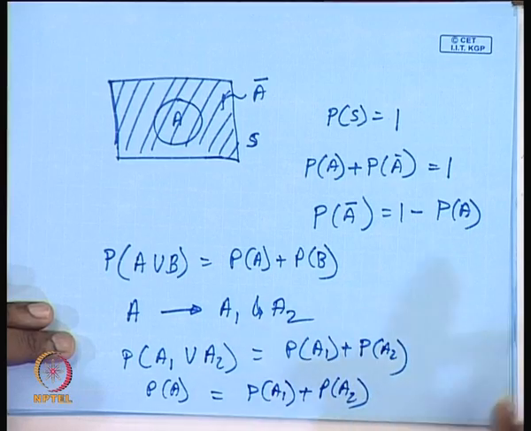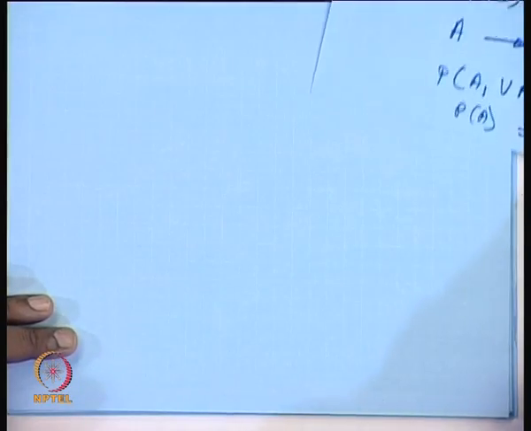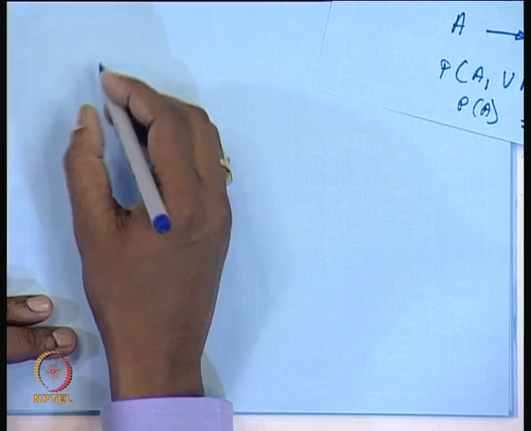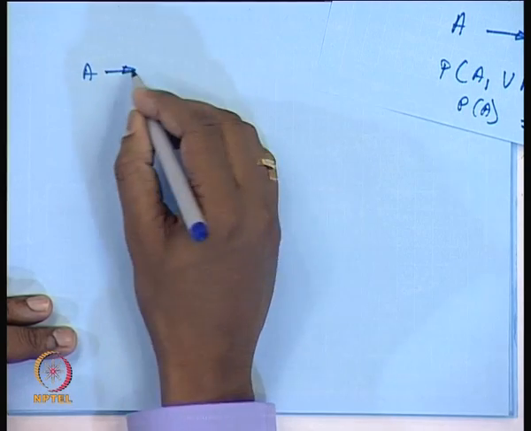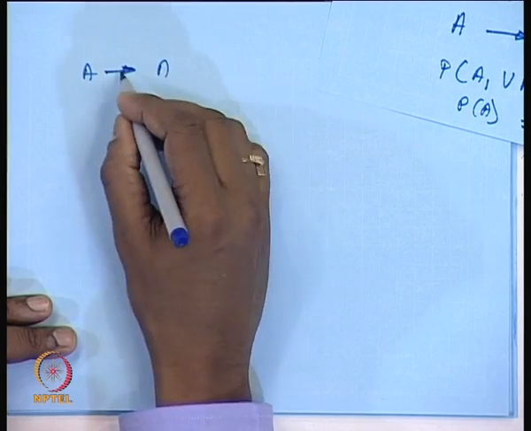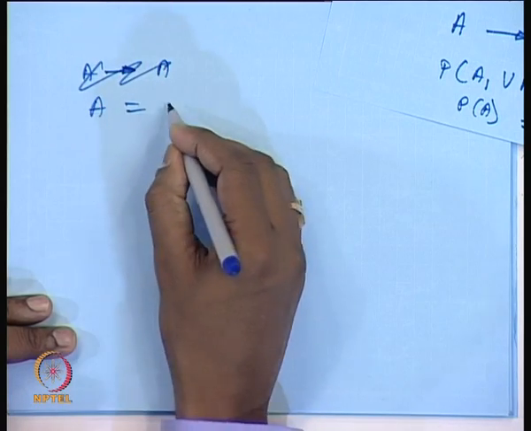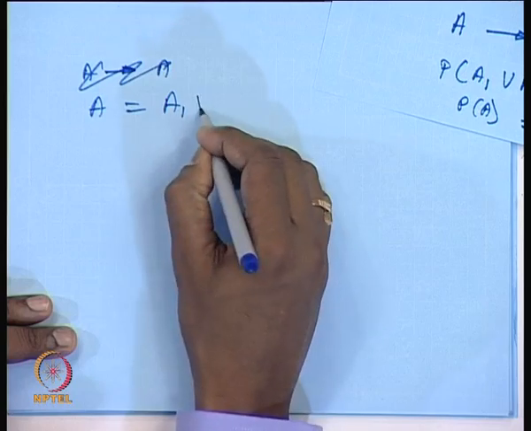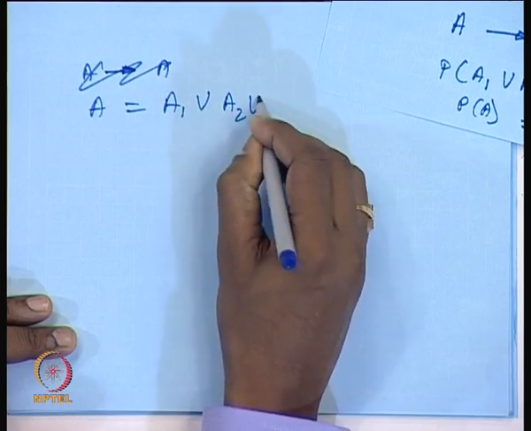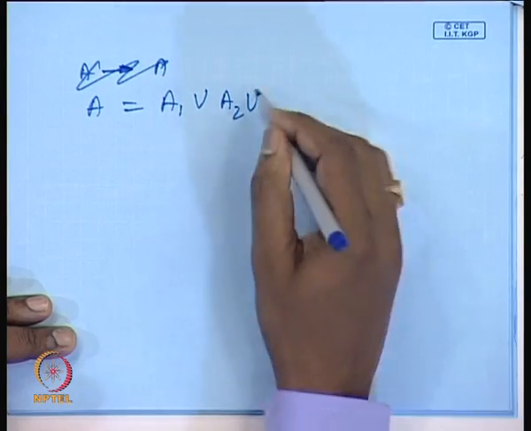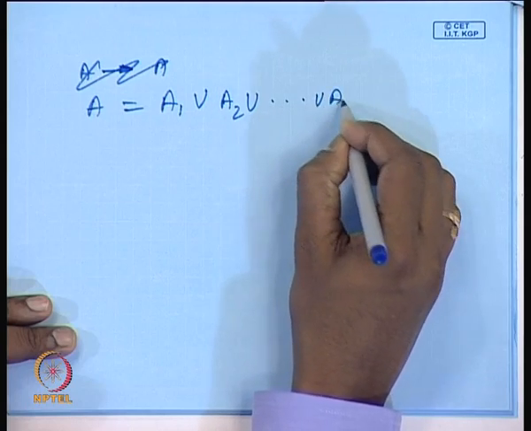Now, just by going on with this induction, I can write that A equals the union of these events up to AN.